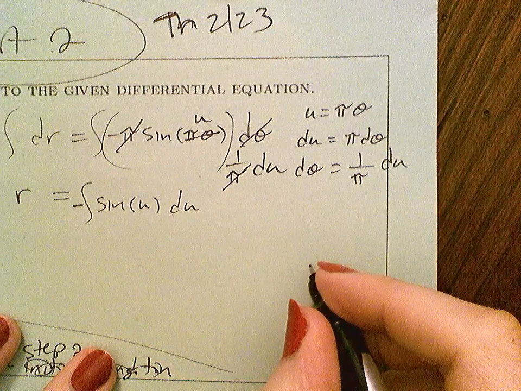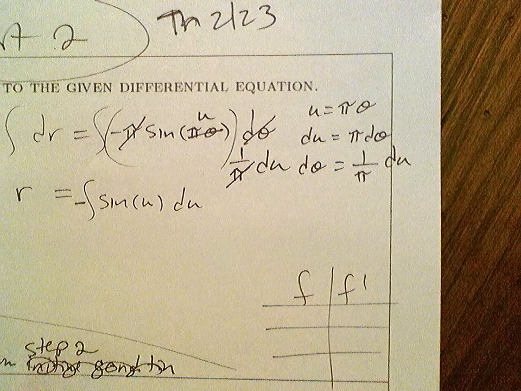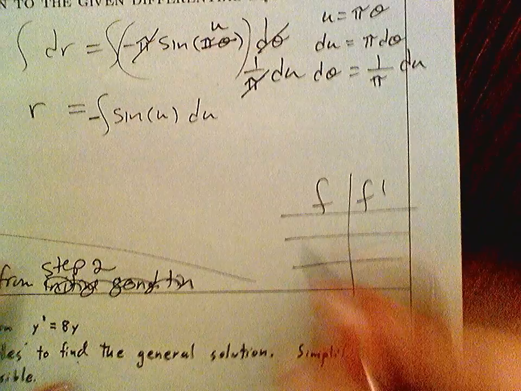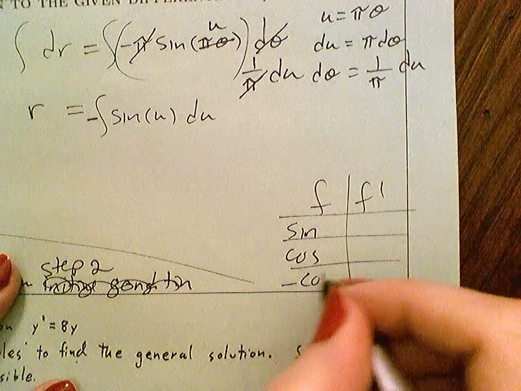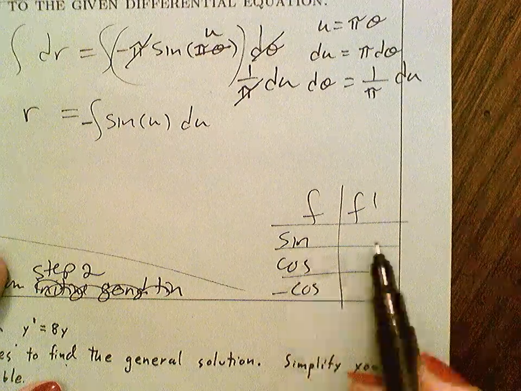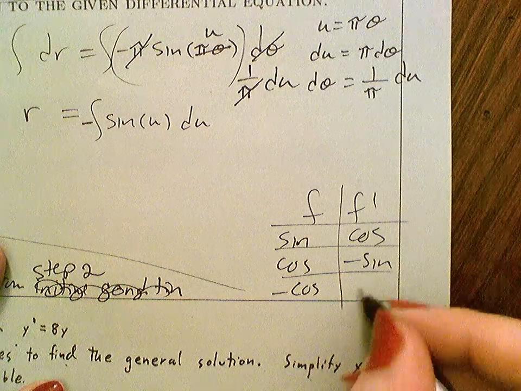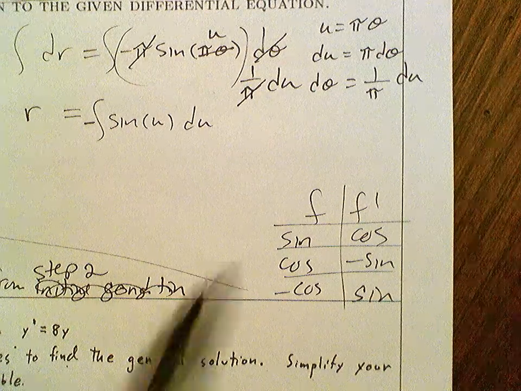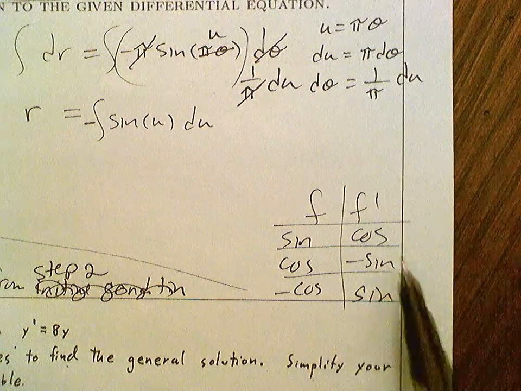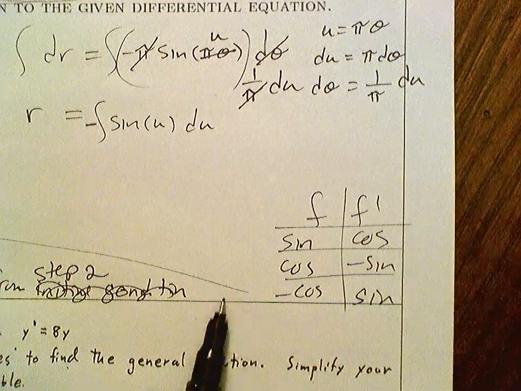I'll write f, and then I'll write f prime. This chart might be helpful to memorize. I'll go sine, cosine, negative cosine. And then I get the derivatives. So cosine, negative sine, so positive sine. If you just think it through like that once, write down these 3 options, find the derivatives, then you could easily take a look at these and go backwards to the original.